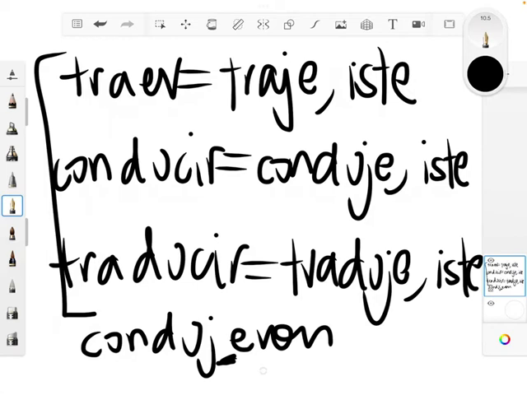Condujeron. So we're going to drop that I. So tener, tuvieron, but decir, dijeron. Just like here, we're not going to have that I right there. Make sure you make a note of that. Now, most verbs that end in CIR are J-stem verbs in the preterite. So producir will give you produje, produjiste, etc. Okay?